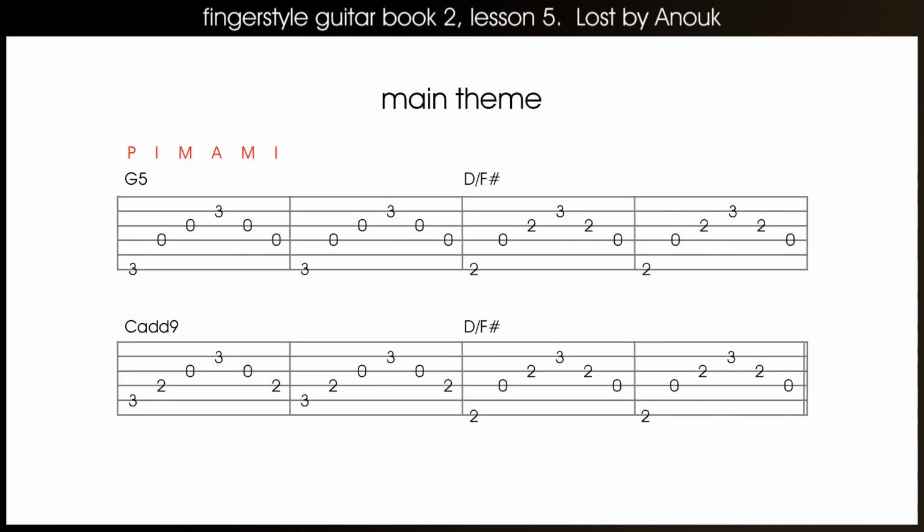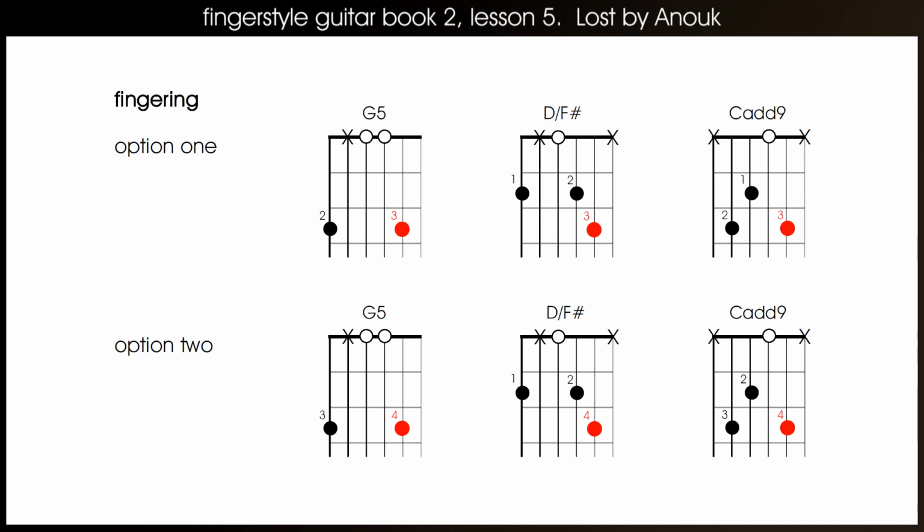To get used to the idea of keeping that finger in place, we'll just do the main theme, which is actually most of the tune. And it consists of 2 lines where we go between a G5 and the D with an F sharp bass, then to a C add 9 and back to the D with an F sharp bass. And you'll notice, as I mentioned earlier, that the 3rd fret on the B string doesn't move at all. I'll show you 2 options for playing this passage, and then you can pause the video and try both and decide which one you prefer.